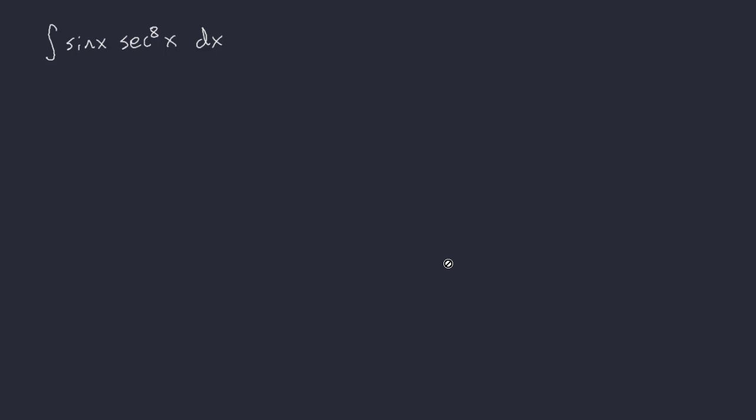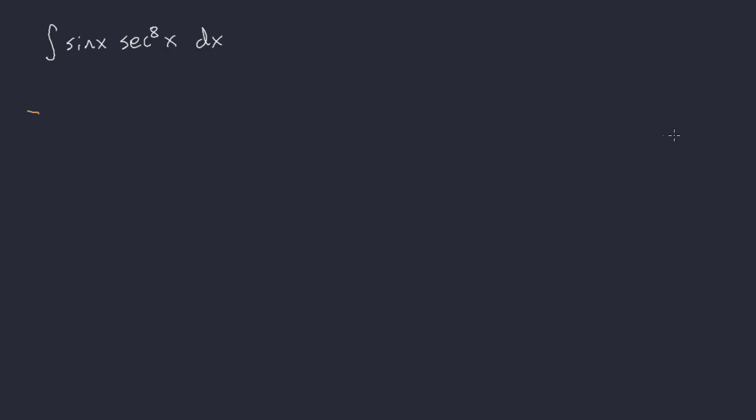Well, instead, what we should have thought about was the fact that we need the form of the derivative of what we're letting u be to sit out here. Derivative of secant is secant tangent. Sine does not satisfy that. However, secant is 1 over cosine.